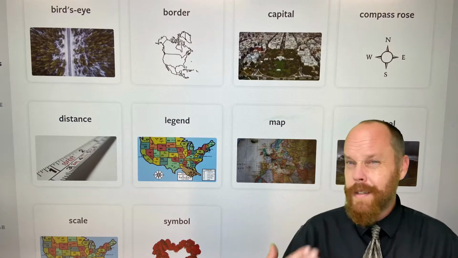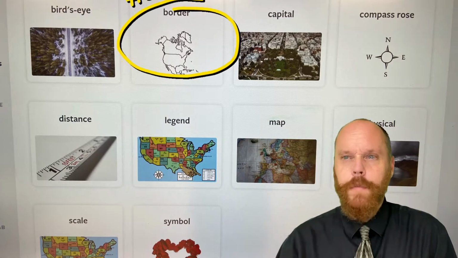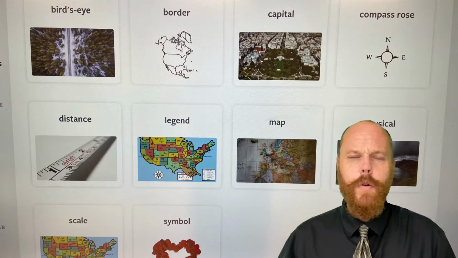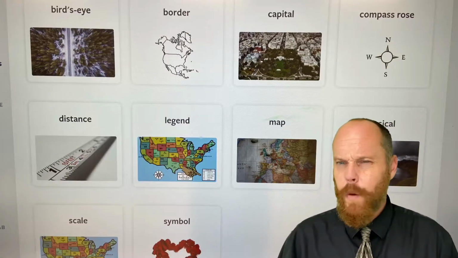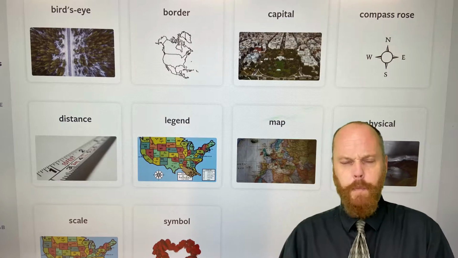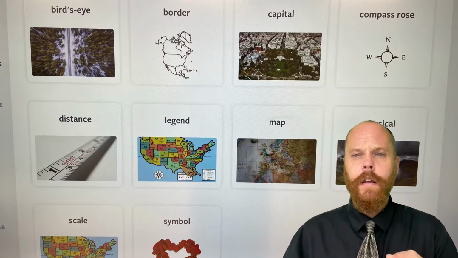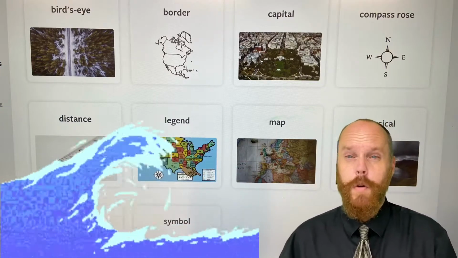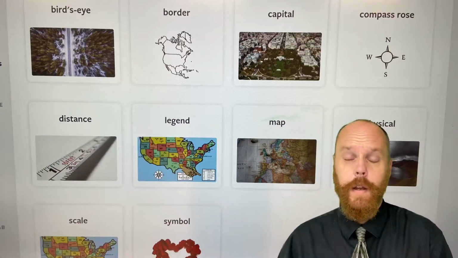So, for instance, the second word is border. Well, we know what a border is. A border separates things, doesn't it? A border is sort of like a fence. Now, if I'm a bird and we're looking at a bird's eye, the borders that we see are most commonly going to be the difference between land and water. So that could be a border. Can you think of any other borders out there?